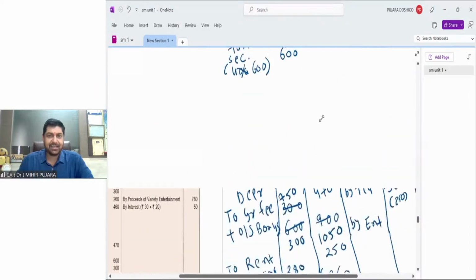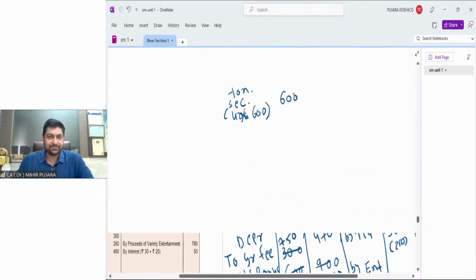And in INE, only 600. INE, it will be as expenses 600.